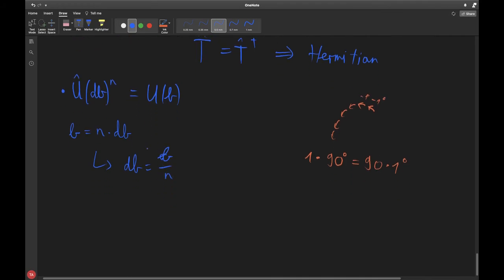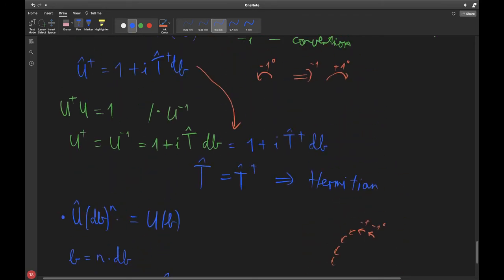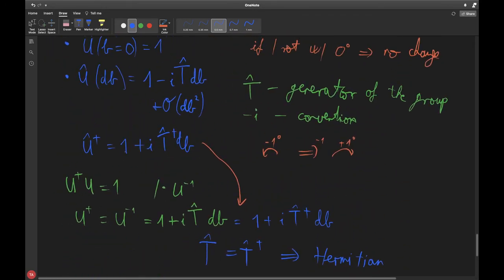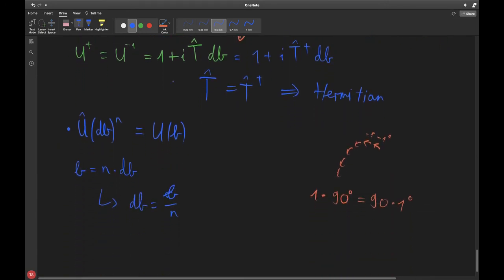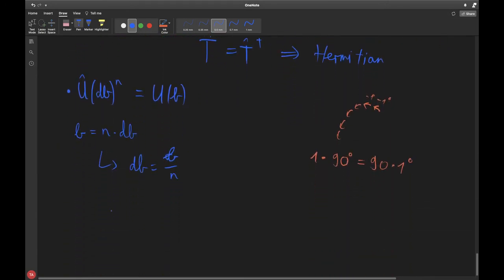And then with the U dB to the n, we can just use this definition here, that was 1 minus i, the generator, dB. So then this will lead to saying that U b is the same as U dB, n times multiplied with each other.